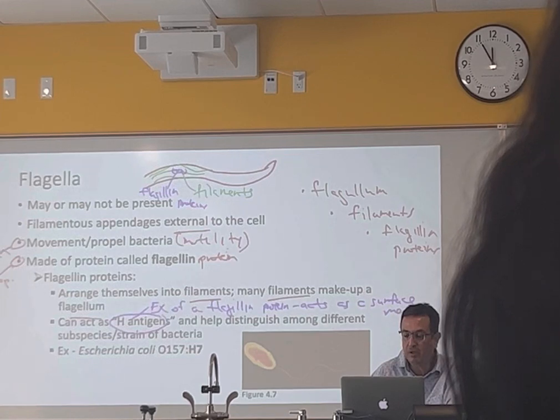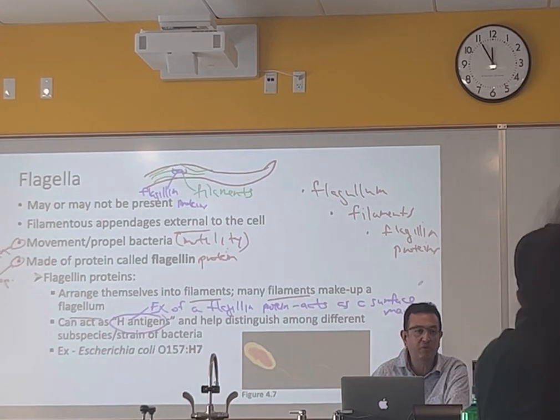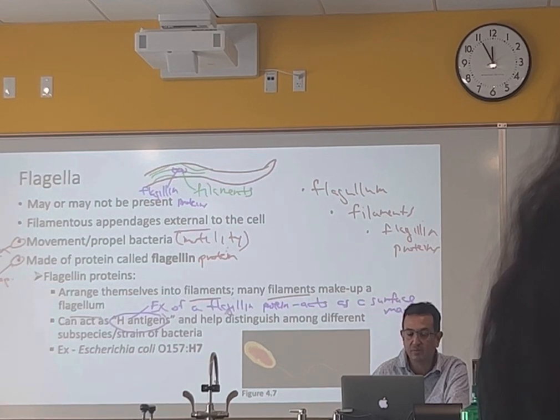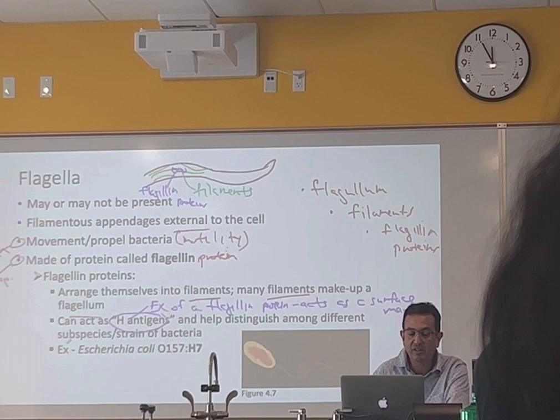What I mean by surface marker is that it distinguishes between different types of cells, between different types of bacteria, depending on the type of H antigen present or the type of flagellum protein present. And this has to do with distinguishing between the different strains or subspecies of bacteria, right?